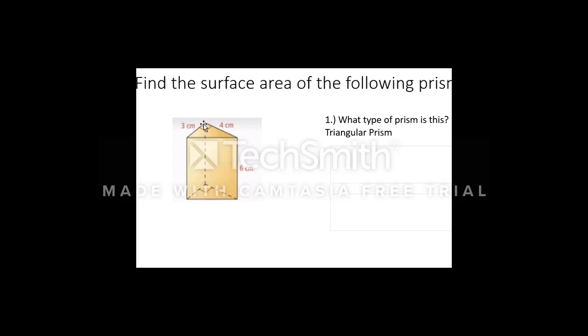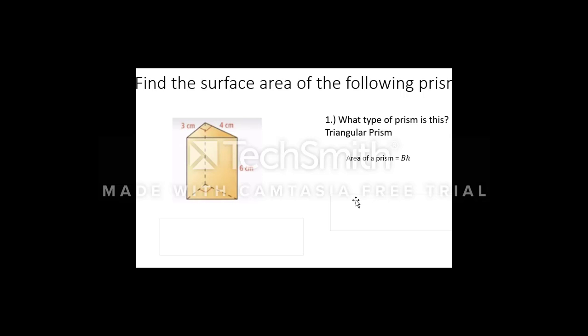And in this case, the base is a triangle, so we're going to use the area of a triangle formula, and then multiply it by the height. So this is how you would find the area of a prism. Area of the prism equals capital B times H. Now that capital B means the area of the base. So for any prism, you're going to find the area of the base and then multiply it by the height.